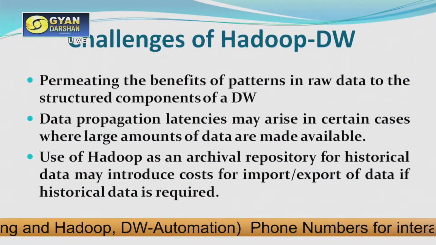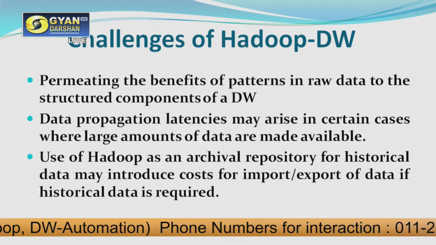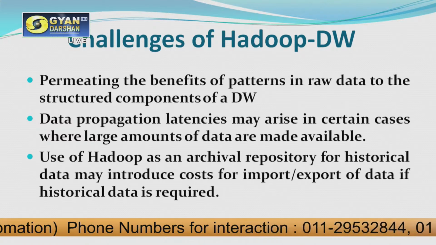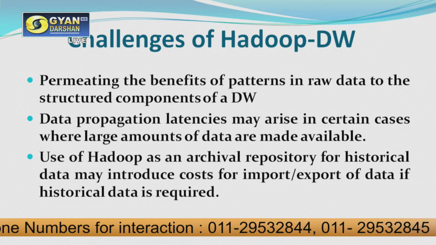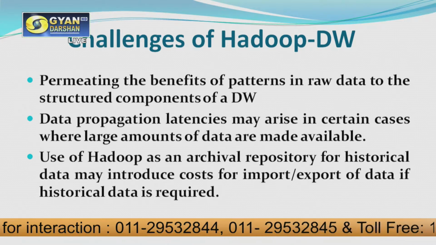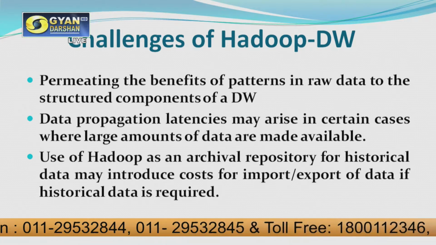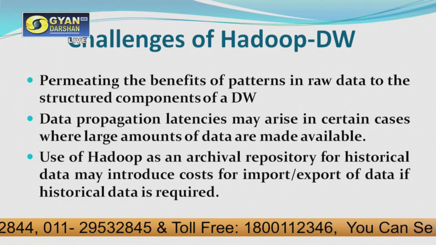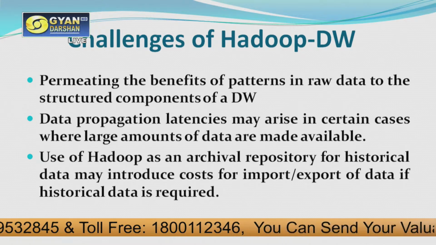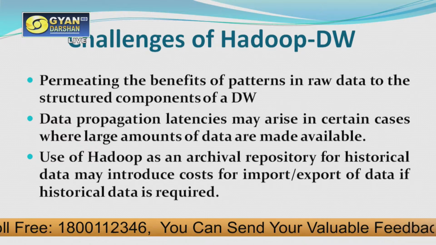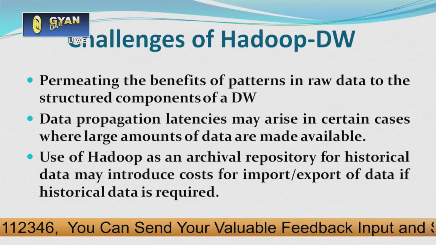And then whenever we talk about high scale architectures, there are also challenges. Some of the challenges are there, and most of the researchers are working on these challenges when it comes to the DW suites available from Apache. So permeating the benefits of patterns in raw data to the structured component of data warehousing is one of the challenges that the Hadoop DW is encountering.